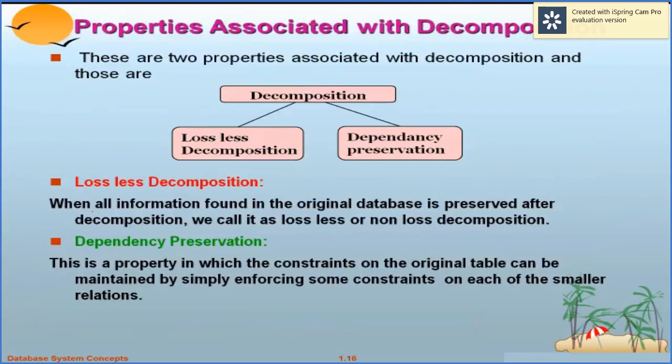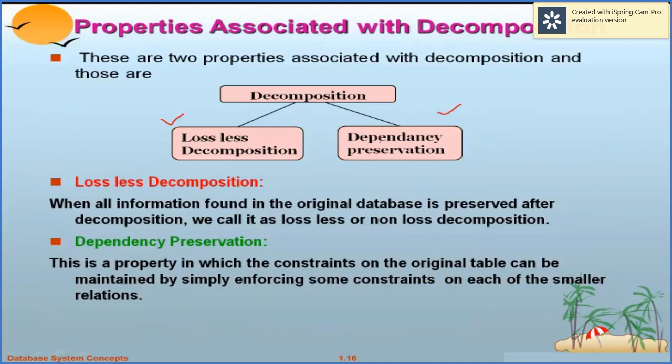The first one, as we have just discussed, is lossless decomposition and dependency preservation. If you want to say that the decomposition handled in a database is right and effective, you have to prove that the decomposition is lossless. Lossless means there should not be any missing attributes when they are joined together again. At the same time, there should not be any loss in functional dependencies.